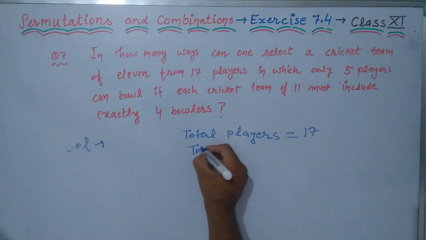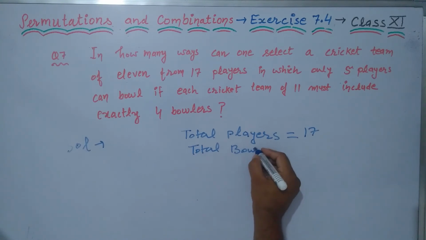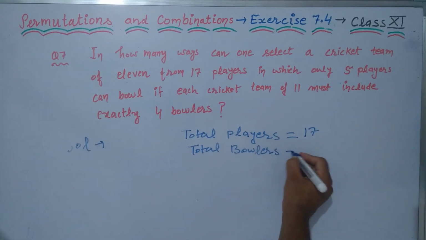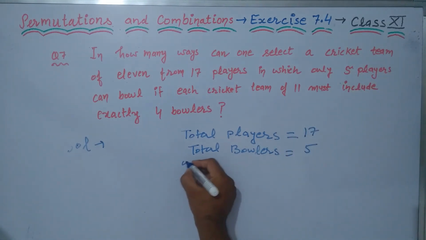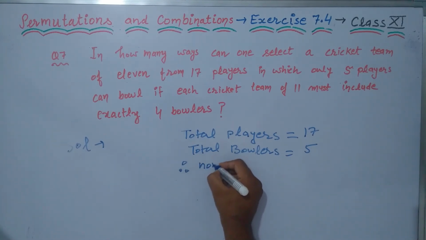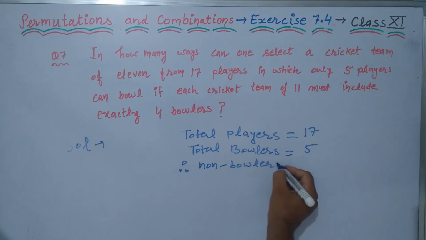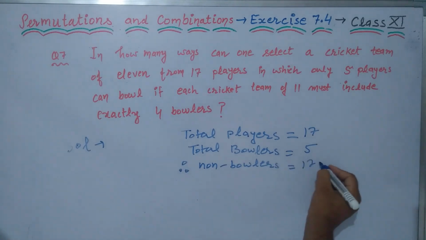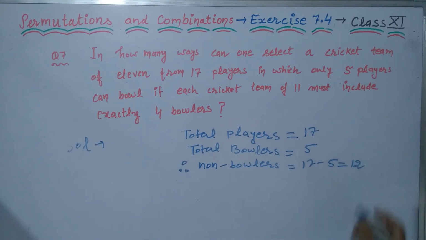Total bowlers, they are 5. So total non bowlers, they are 17 minus 5 is equal to 12.